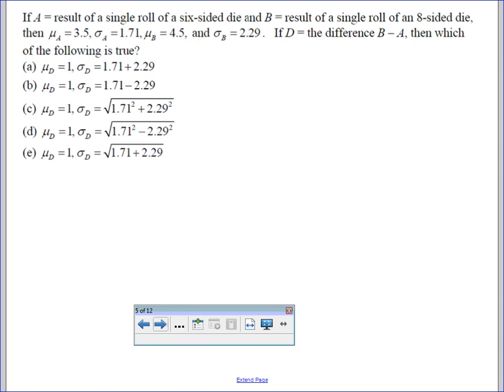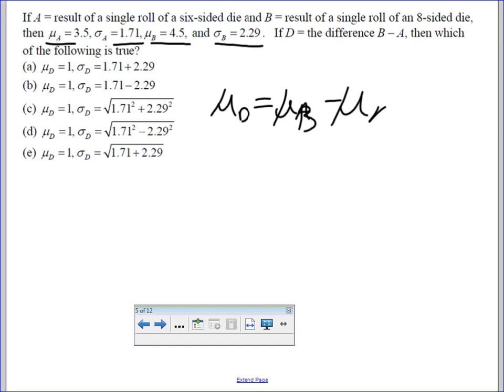All right, a result of a single roll of a 6-sided die with a result of an 8-sided die, then the mean of A and the standard deviation is this, the mean of B and the standard deviation is this. Let D be the difference, then which one of the following is true? So the mean of D will equal the mean of B minus the mean of A. So mu D will be 1, because that's just 4.5 minus 3.5, so the mean of D equals 1.